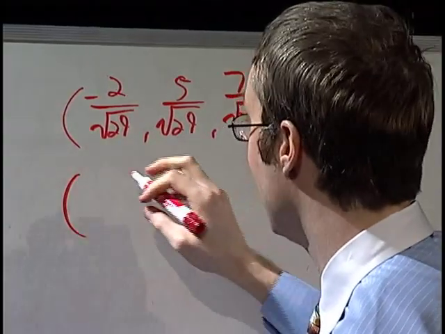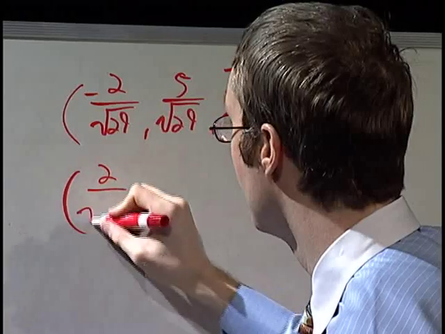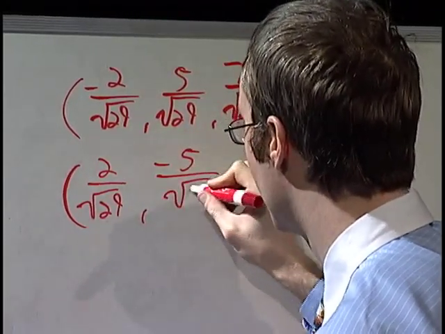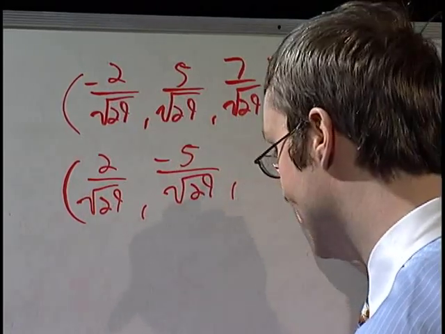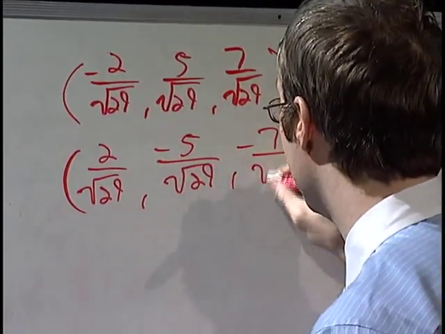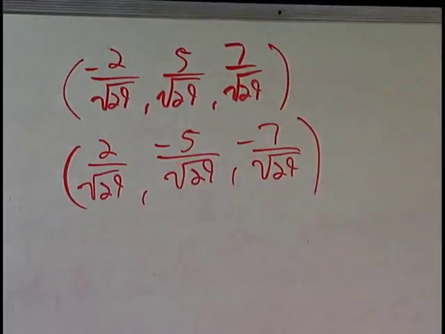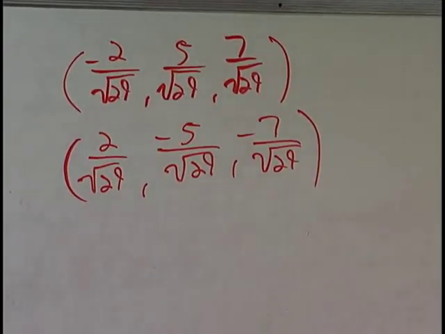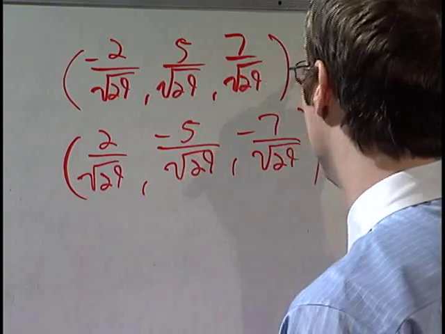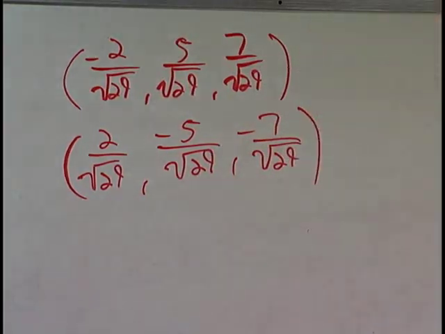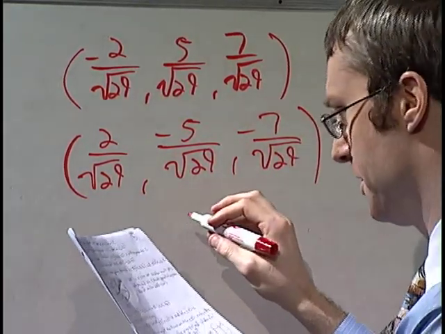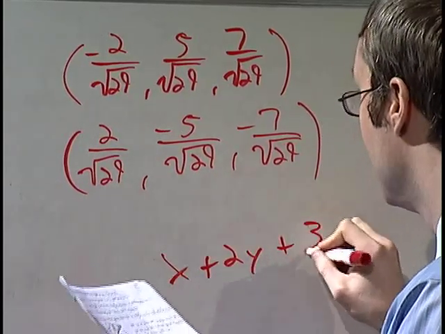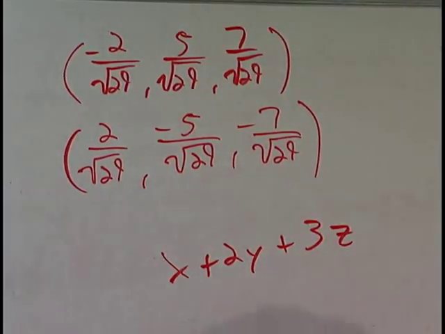The other possibility is you have 2 over root 29, minus 5 over root 29, and that leads to a minus 7 over root 29. These are your two possible choices here for f, right? So you plug these in here. What in the world was f originally? f was, where is it? x plus 2y plus 3z.